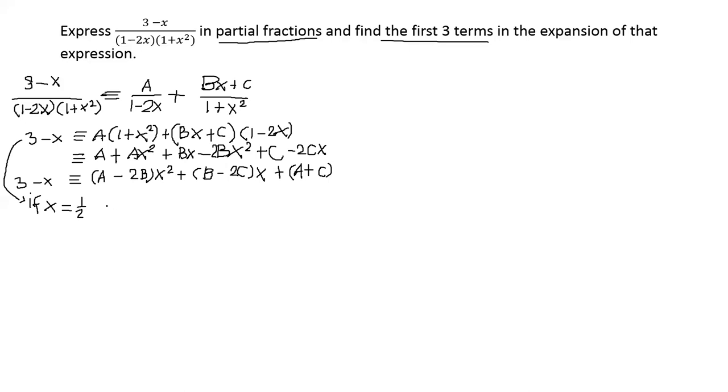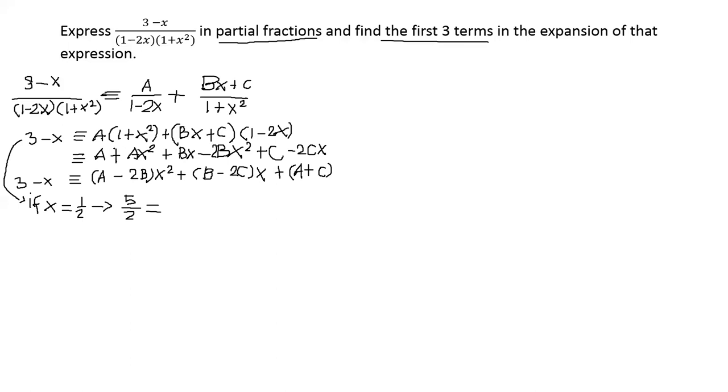If x equals a half, this expression 3 minus x becomes 3 minus a half. It means 5 halves. Yeah, 5 halves like this. And on the other side, if x is a half, this term equals 0.